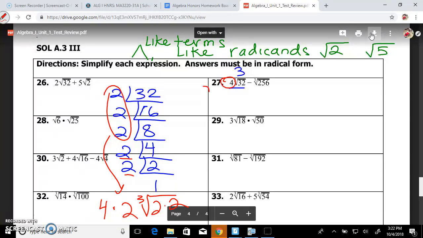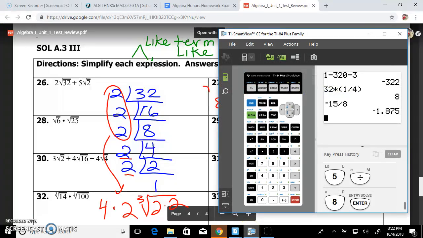So when we simplify this, we have 8 cube root of 4. That's our first one. All right, now let's simplify the cube root of 256. 256, that's divisible by 2. I'm definitely going to check my calculator for this one.